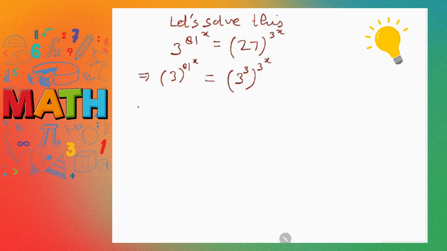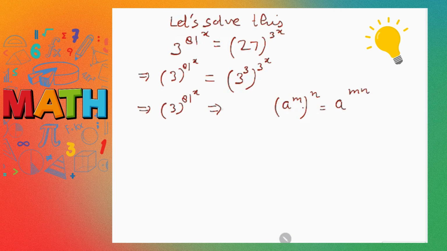Okay, so what will happen is 81 to the power x. Now if (a^m)^n is equal to a^(mn), powers get multiplied.